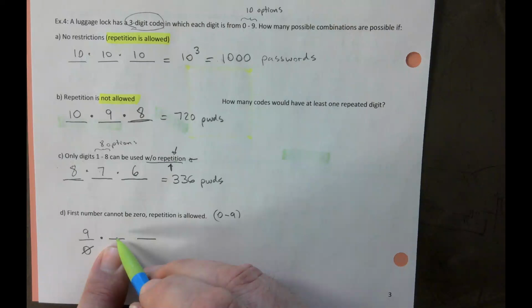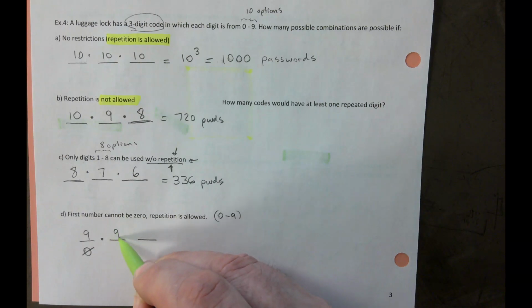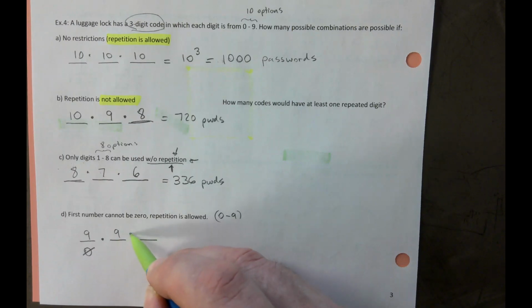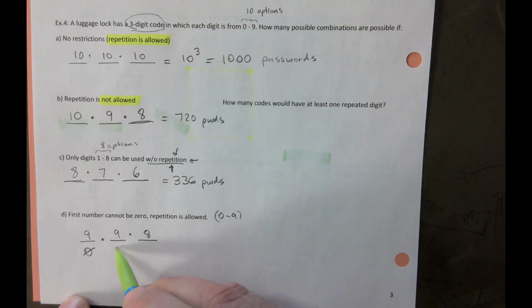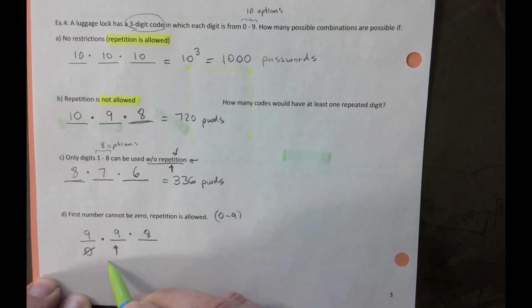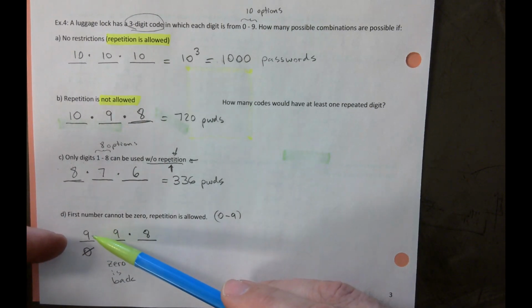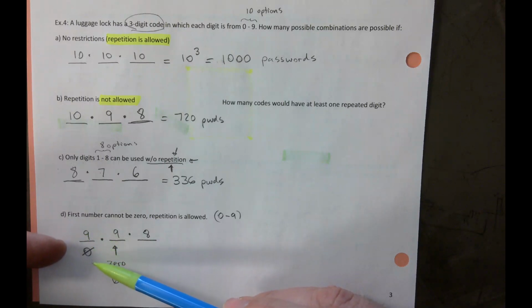What would this be? 0's back in the game. You still have 9. Okay? And now you need to drop 1 from this. 0 is back. Okay, that's what's happening here. So you had 10 here, but you used 1 here.